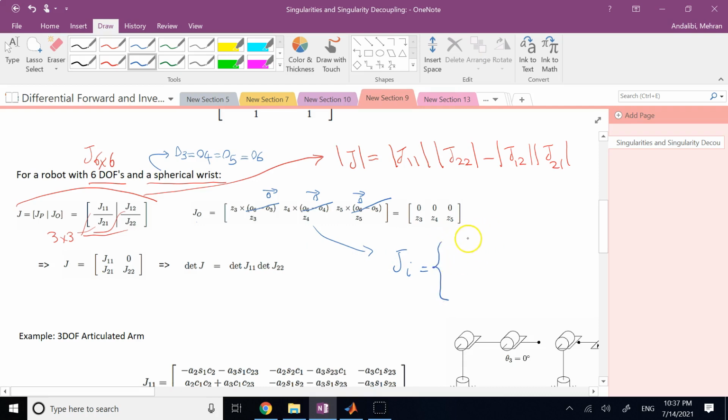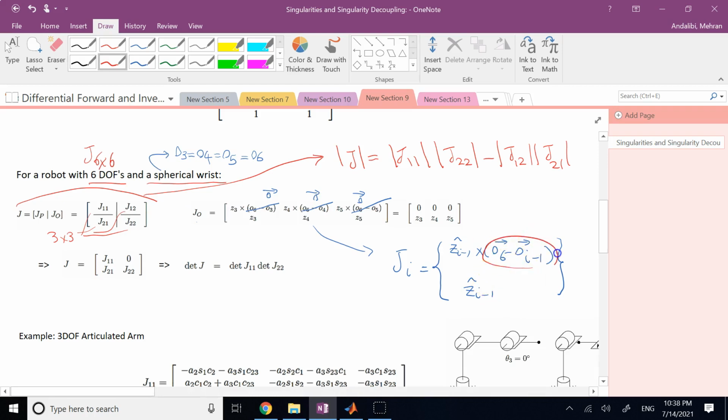The top part of it is Z(i-1) cross (O6 minus O(i-1)), and the last three numbers of it are simply Z(i-1), correct? Just go look back at when we talked about the Jacobian matrix using the DH convention. This was for a rotary joint, and since the last three are rotary joints, they are all following this format.